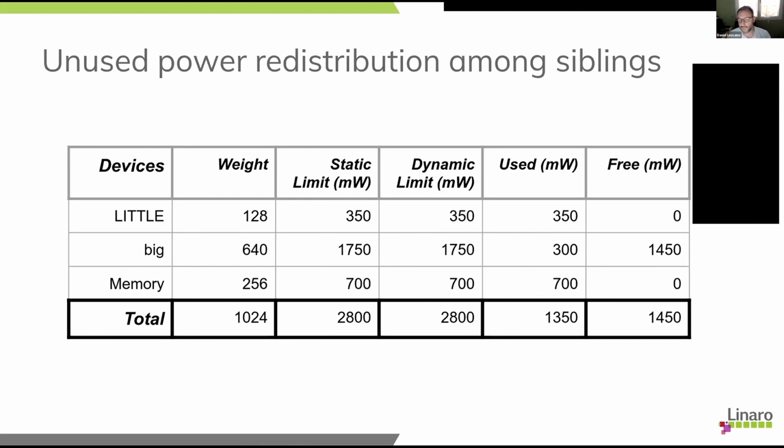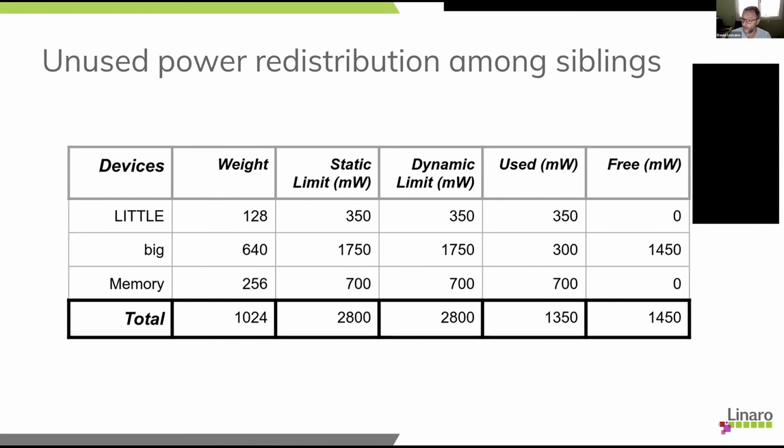Then we can read what we are actually consuming. And in this example, the big CPU is not using all the power budget, all the power we allocated.